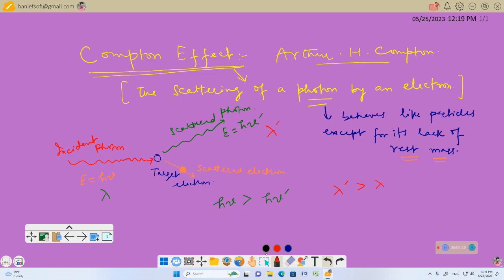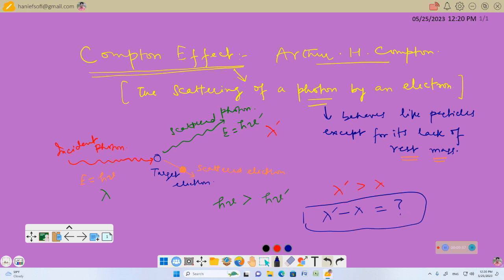What Arthur Holly Compton did, he predicted the shift in the wavelength of the photon, that is lambda prime minus lambda. He calculated this shift in the wavelength. He predicted it to be some expression.